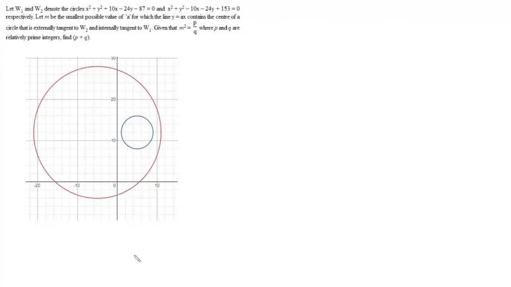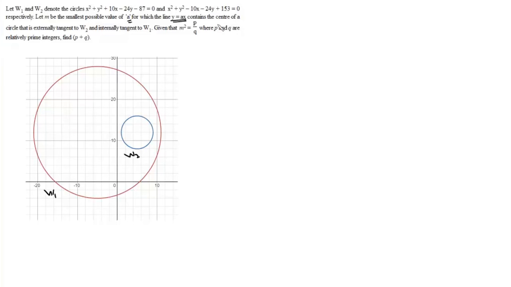Now here the question is, let W1 and W2 denote the circles x square plus y square plus 10x minus 24y minus 87. So that's your W1. And then the second circle, which is W2. That says, let m be the smallest possible value of a, for which this line y equals ax contains the center of the circle that is externally tangent to W2 and internally tangent to W1.